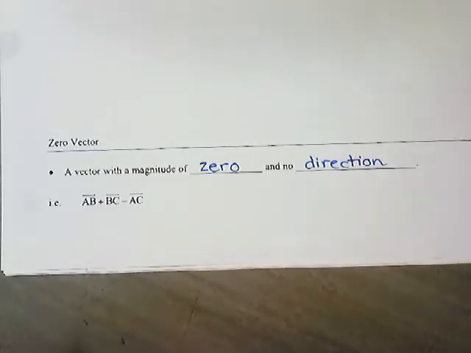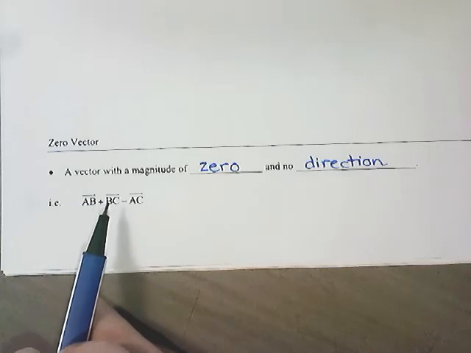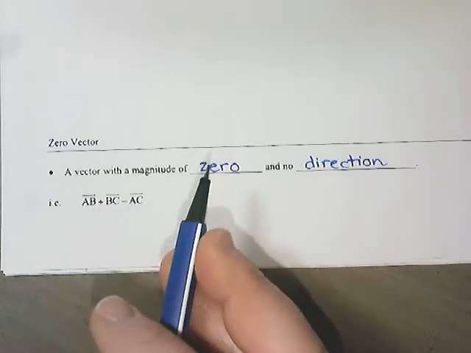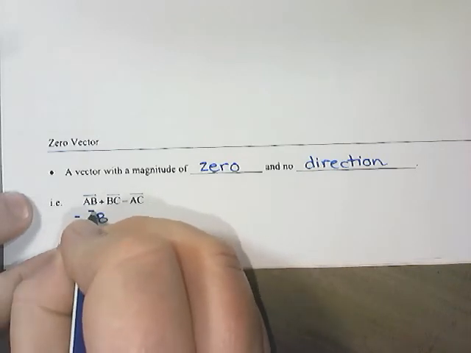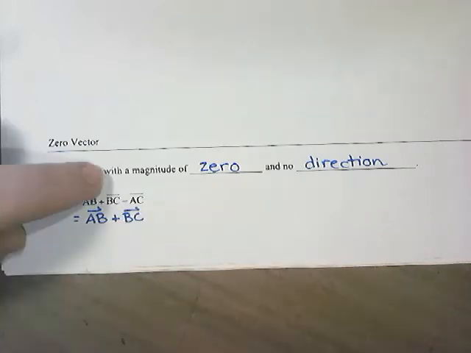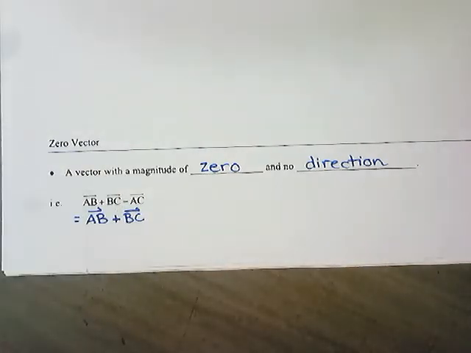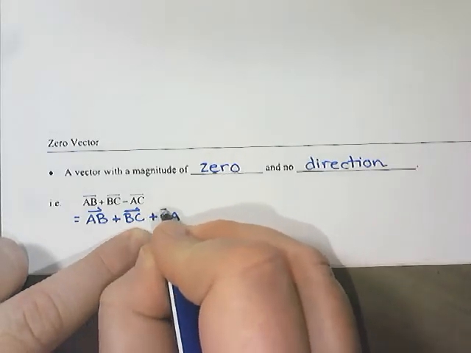If I take a look at this one, I have AB plus BC minus AC. The AB is okay. The BC is positive, so it stays BC. But the AC has a minus sign in front, so we end up flipping that one over, and it becomes CA.